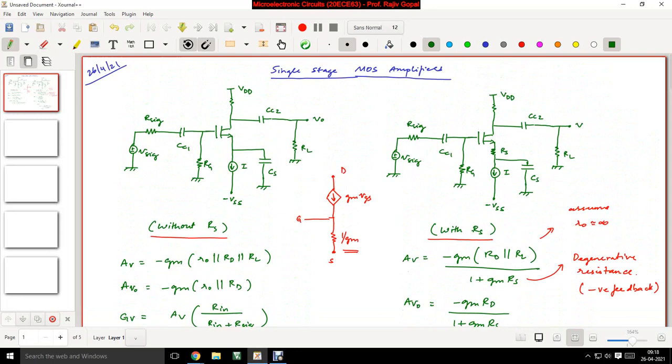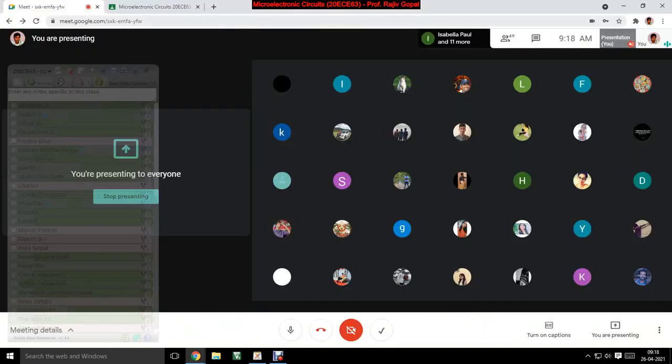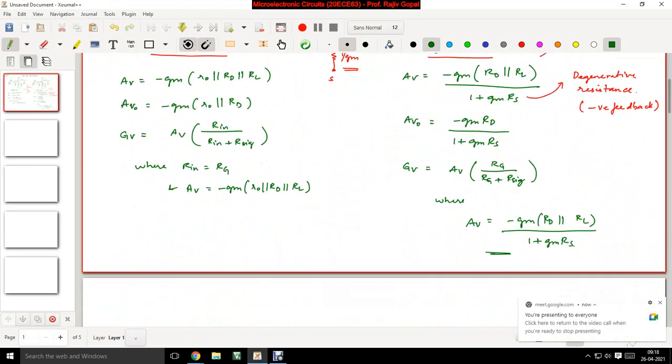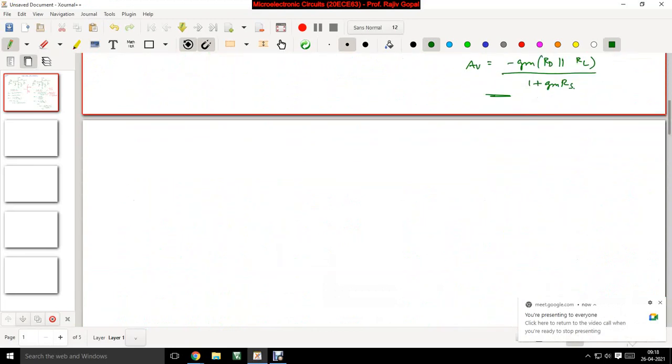Next we'll look at the common gate part, then common drain, and then we'll try to find the differences between them. So let us look at the common gate amplifier.